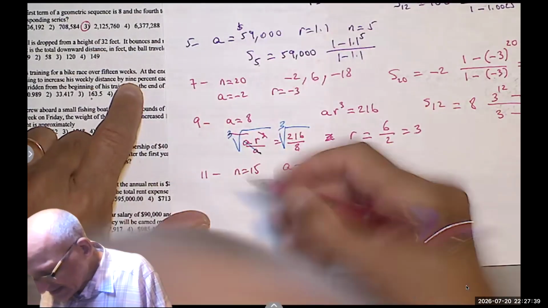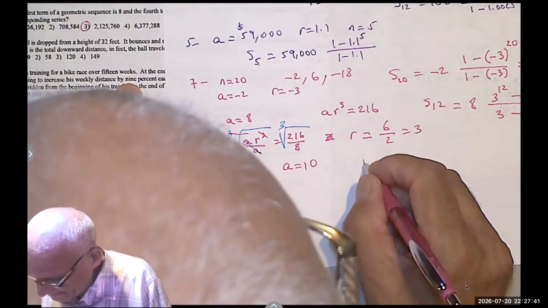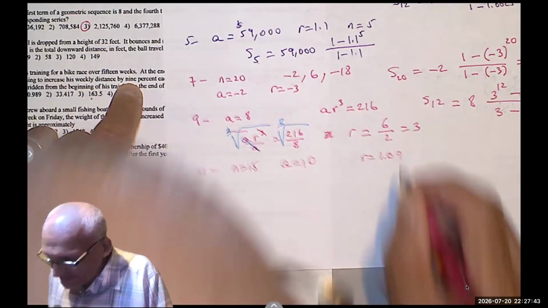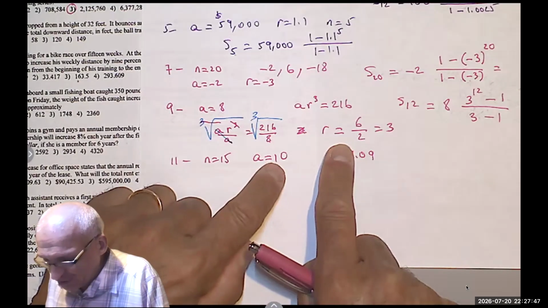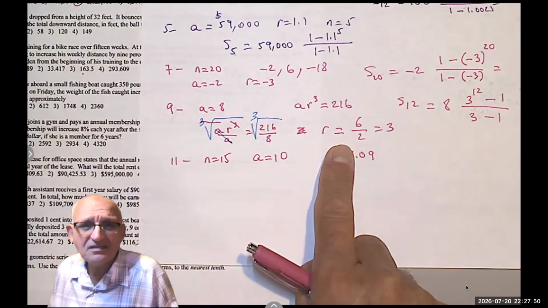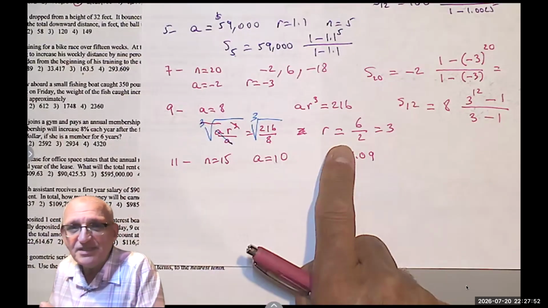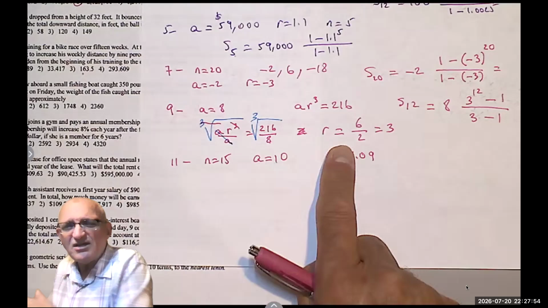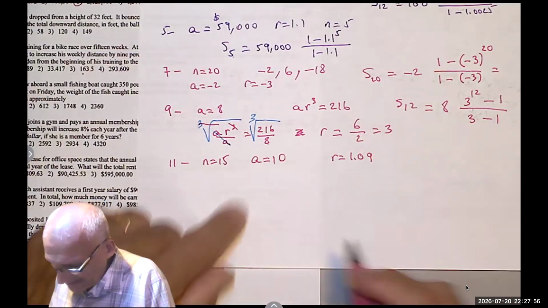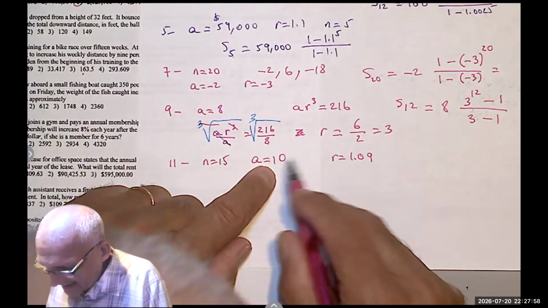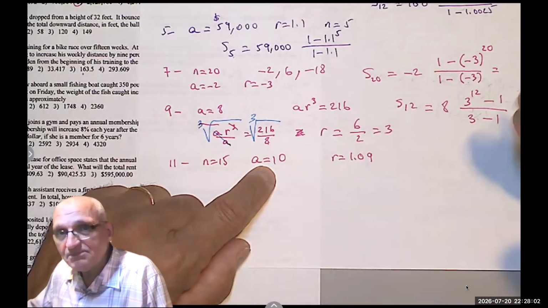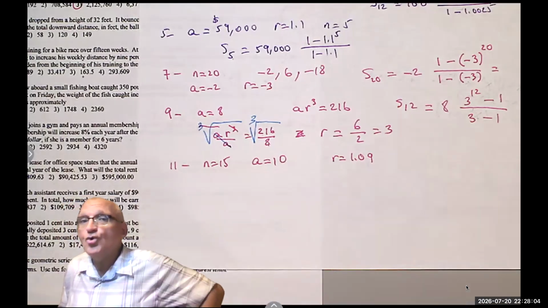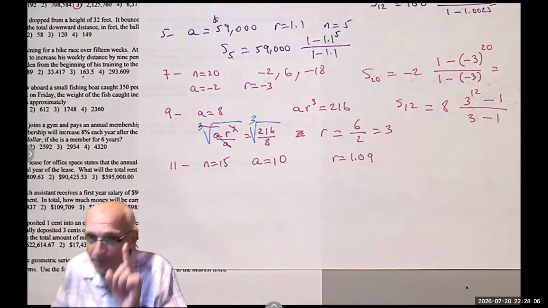Because if you say 0.9, then the next month he would be doing only 0.9 miles. And then the following month would be making 0.81 mile, which doesn't make sense. But it's 10 times that, so you get 10.9. You see? And then you keep multiplying by 1.09, not by 0.09.